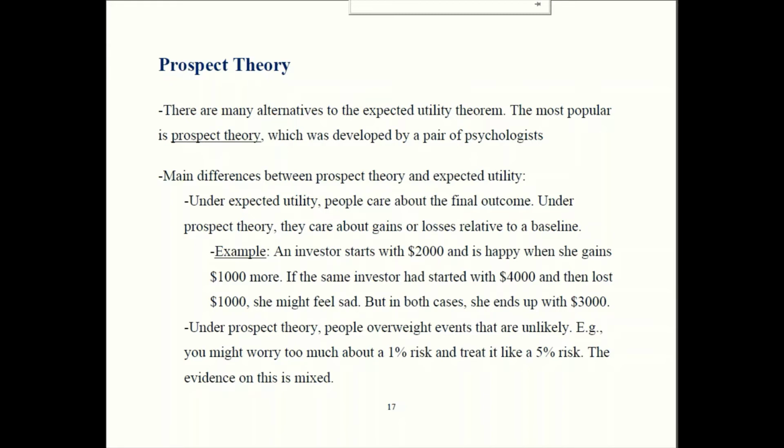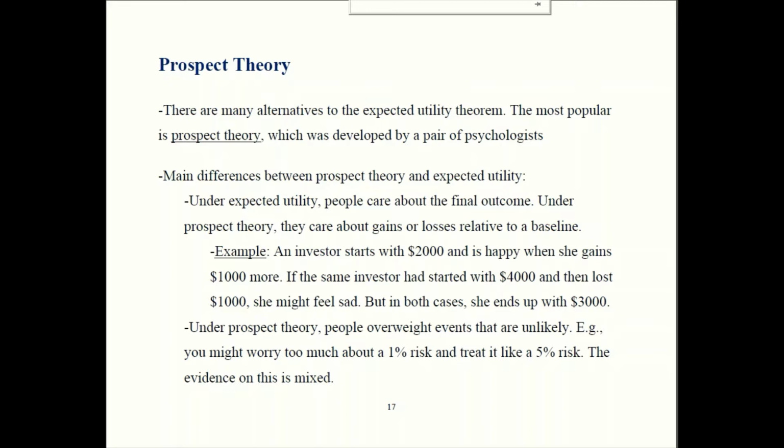Another big difference is that prospect theory involves what's called probability weighting. In particular, prospect theory says that people are going to overweight things that are unlikely and underweight things that are likely. So if you see a 1% risk, in prospect theory, you treat that as something more than 1%.